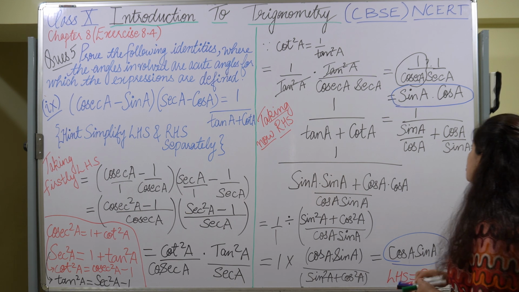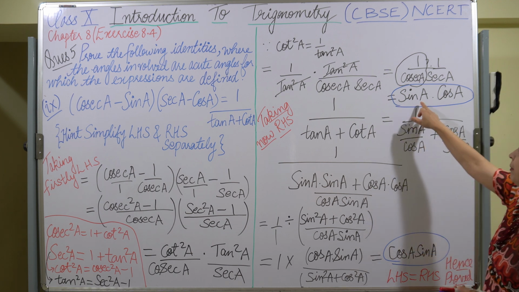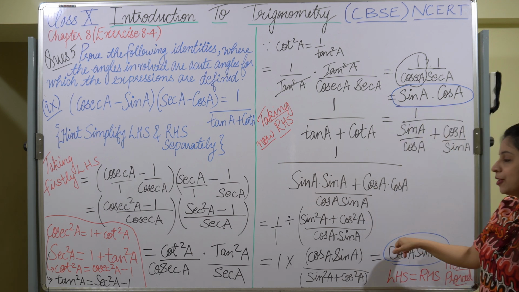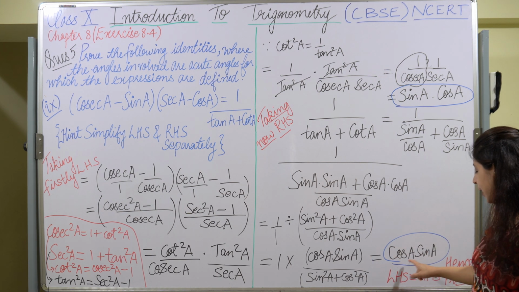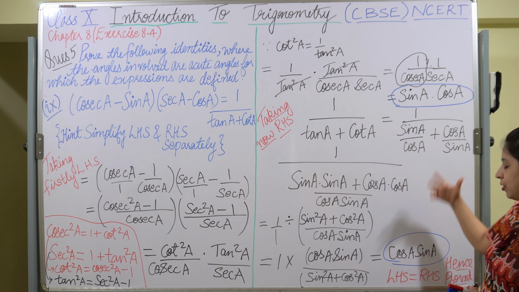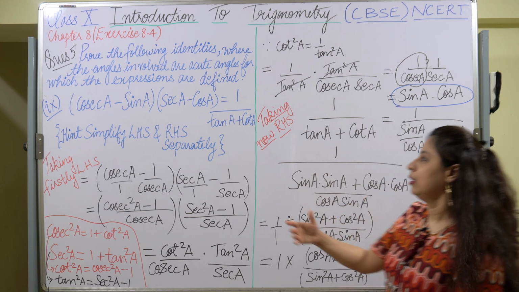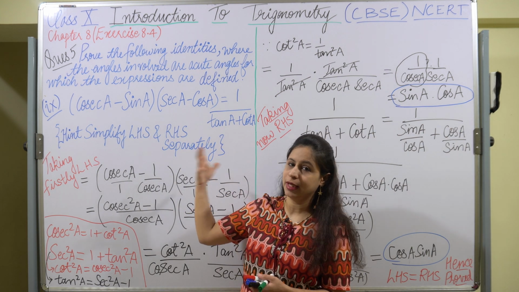The LHS was coming sin A cos A, and the RHS also, when we solved, we are getting sin A cos A. So both LHS and RHS are equal, hence LHS is equal to RHS, and hence proved.